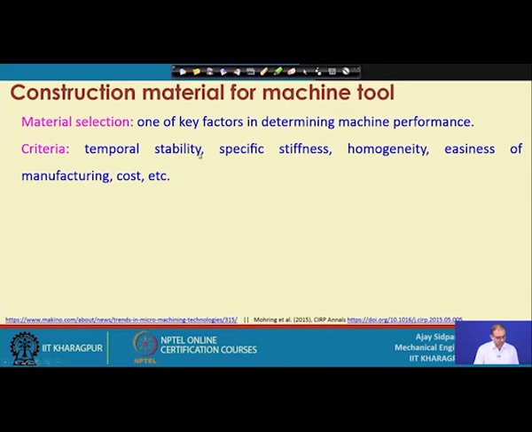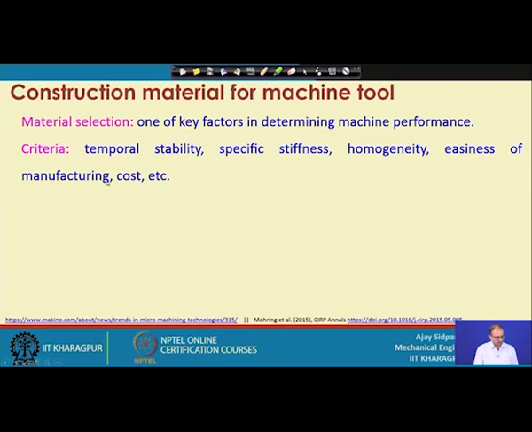So, what should be the criteria for selection of this material? First is the temporal stability, that the machine should not get deformed because of static loading only. Specific stiffness, because it should be stiff enough to resist or counteract the forces acting on the stationary body as well as in dynamic condition. Homogeneity is important, because when you are using one material, it should be free from defects.